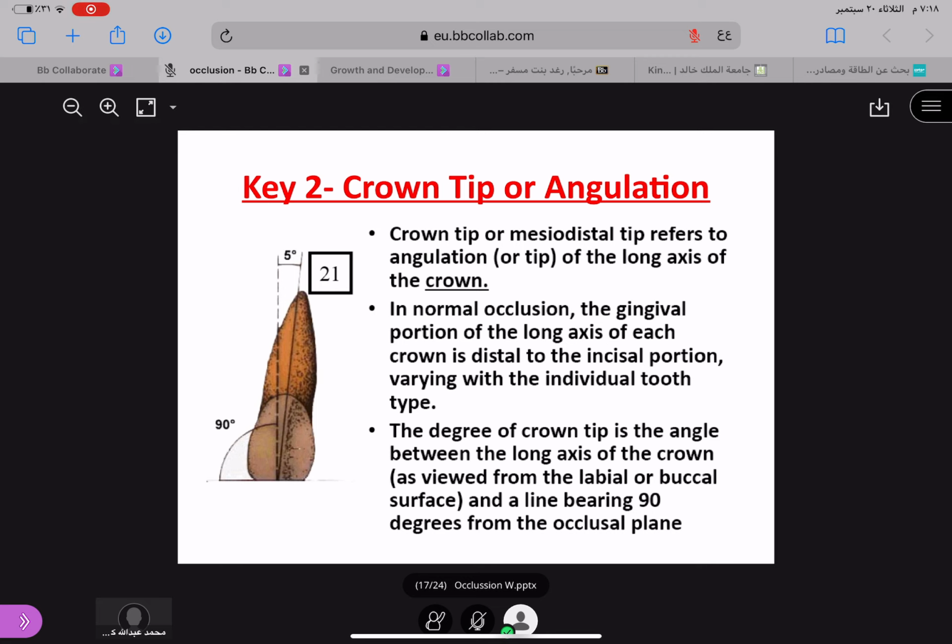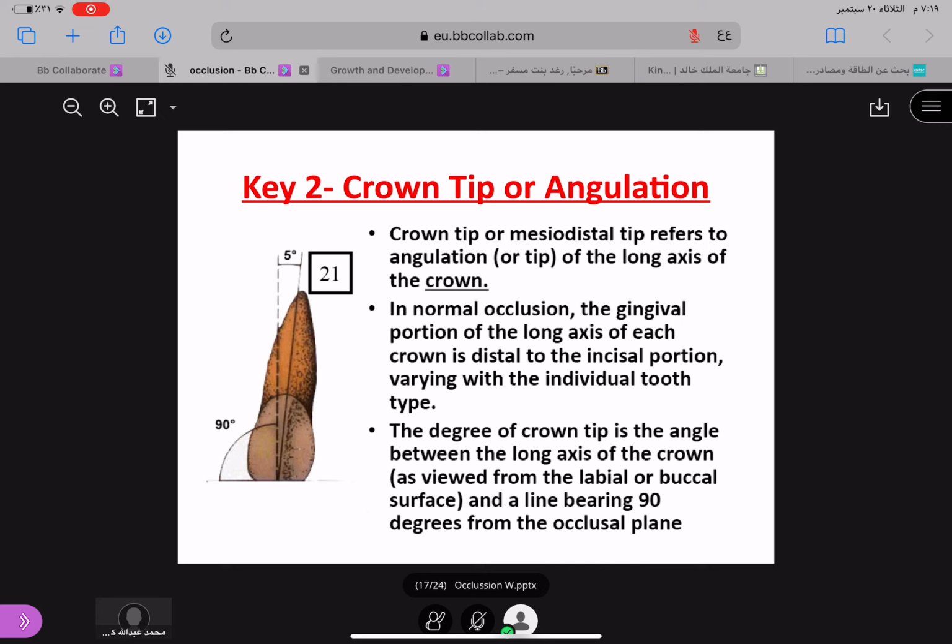If you see the long axis of the tooth, you can divide it into two halves: the gingival half and the incisal half. If you see the crown, the part of the tooth which is visible in the oral cavity, it can be divided into two: the gingival portion and the incisal portion, right?